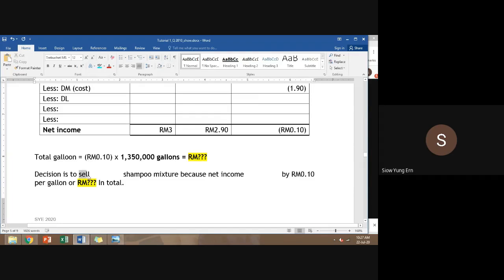So decision is to sell shampoo mixture. Okay, any question? Okay, no. So we continue to the next question.